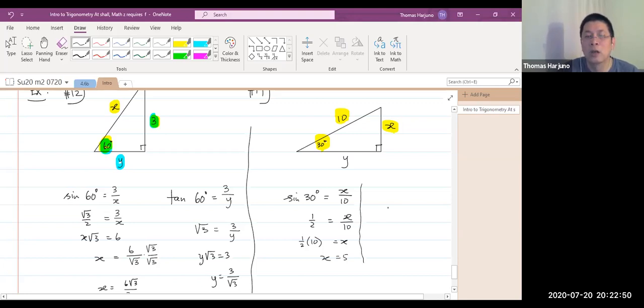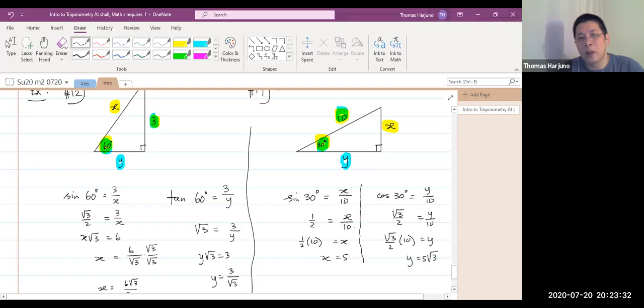What relates 30 degrees, the y, and the 10? And that will be cosine, huh? Yeah, cosine. So cosine 30 degrees is y over 10. Now, cosine 30 degrees is radical 3 over 2. So radical 3 over 2 times 10 equals y. y equals 5 radical 3.